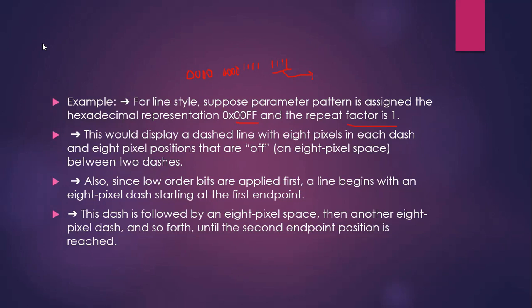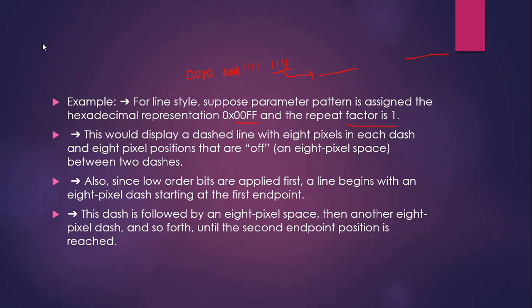You have a total of 16 bits: 8 bits of ones on this side, and 8 bits of zeros. So this will display a line like this first, then a gap, and again a line in this manner.